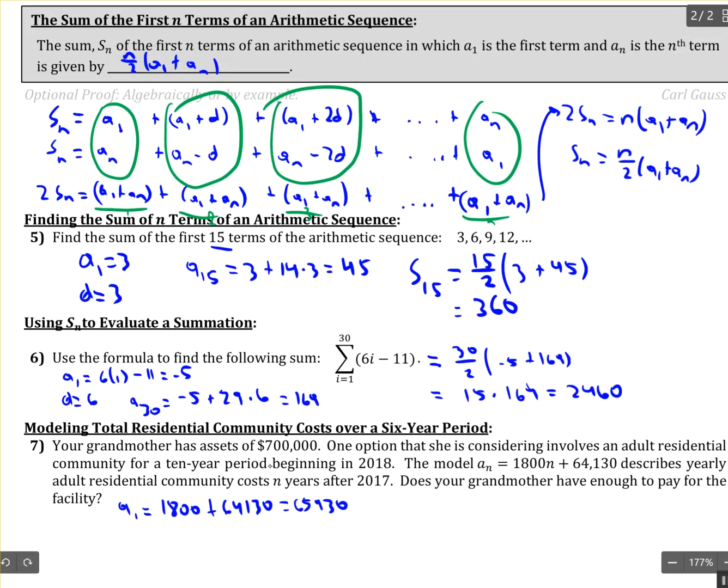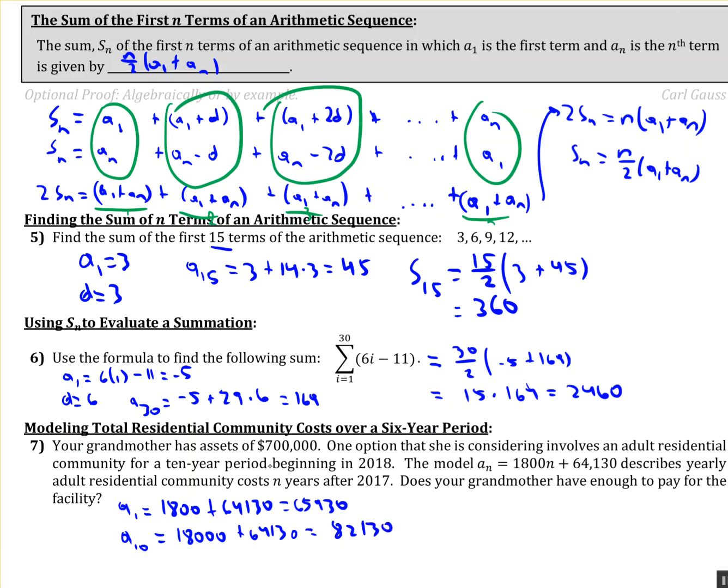We need to figure out what the cost is going to be at her 10th year. So that's going to be A10, and that's going to be 1800 or 18,000 this time, because again multiply times 10, plus 64,130, equals, in this case, 82,130.